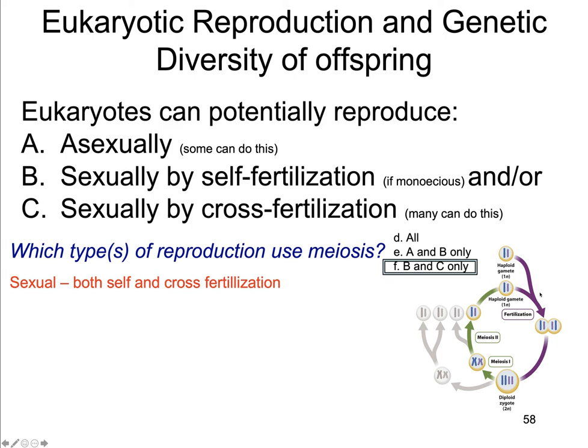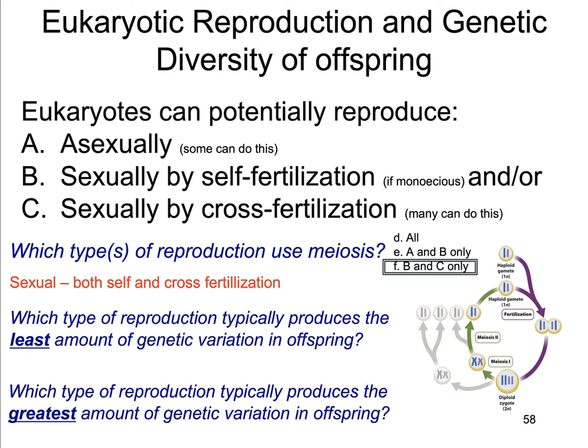That's the process of fertilization, creating this diploid zygote. For this process to continue without doubling the number of chromosomes each single time, you've got to have meiosis going on. So anytime that you've got sexual reproduction, anytime that you've got fertilization going on, by definition, you've also got to have meiosis occurring, whereas asexual reproduction only requires mitosis.